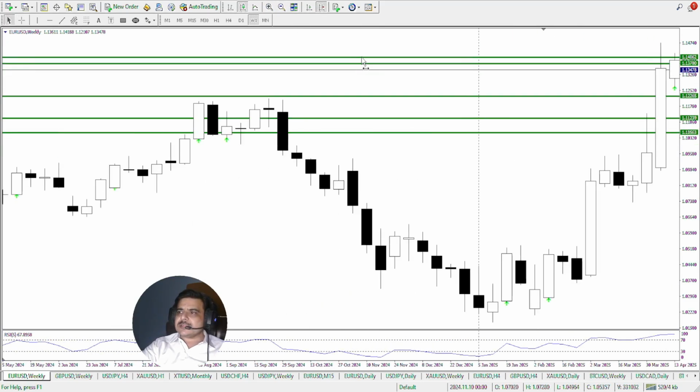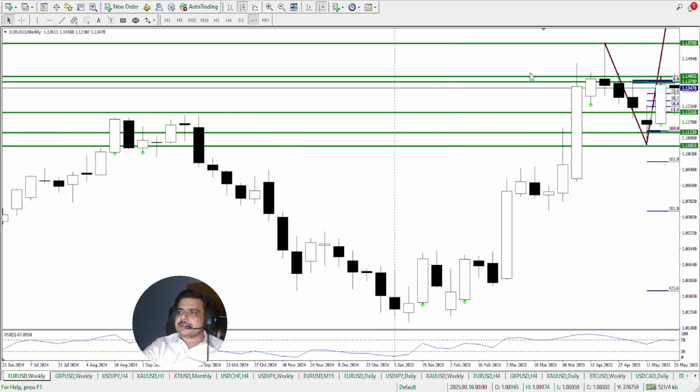So when last week I was analyzing it, this candle was printed the previous week.